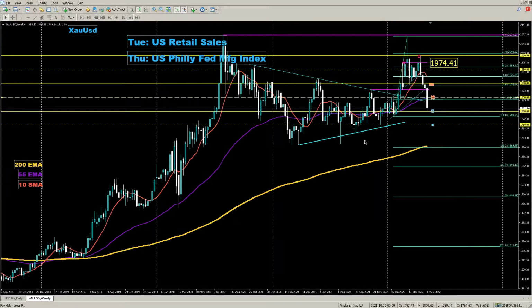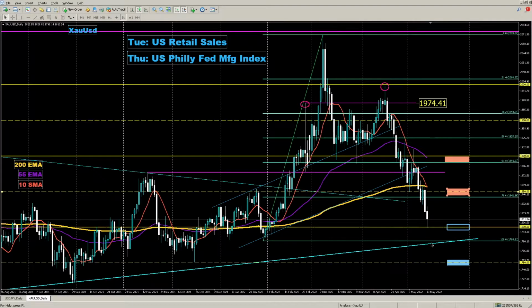See if there's anything that could provide support from here. This lower trend line, and there could be confluence with the swing low at the 100 pip, so the 1780 area. So let's go ahead and identify the 1780, although it's pretty close to that swing low.